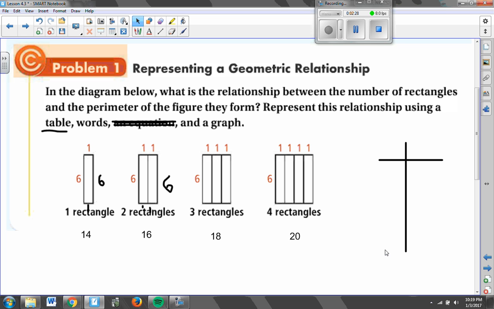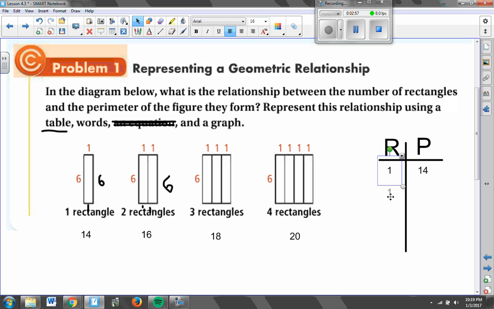The 2 variables in this situation, obviously, are the number of rectangles, R for rectangles, and the perimeter, P, of all those rectangles put together. So R for number of rectangles, and P for the perimeter. Now, when I have one rectangle, I had a perimeter of 14.